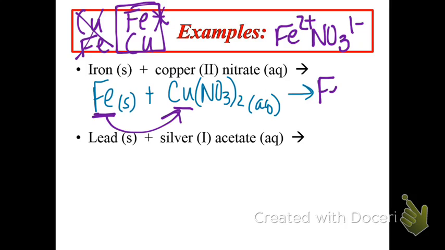So you have Fe(NO3)2. And again, you would look that up on your solubility chart and find out that that's aqueous. And then notice that iron came in and kicked copper out, so now all that's left is copper.